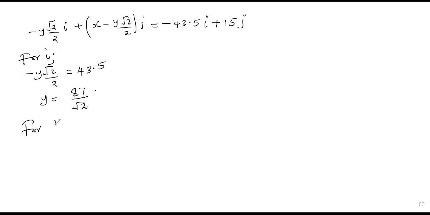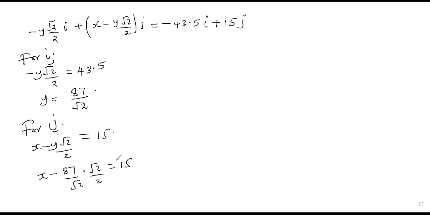Then when we go for the j component, we shall have x minus y root 2 over 2 equaling to 15, implying that x minus 87 over root 2 times root 2 over 2 is equaling to 15.